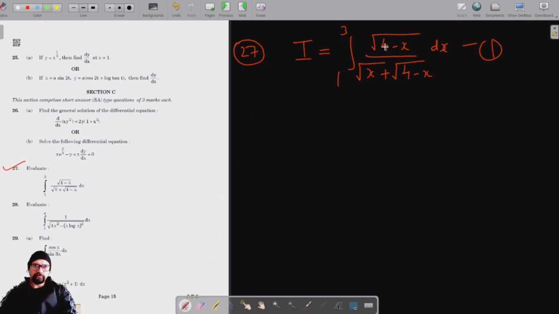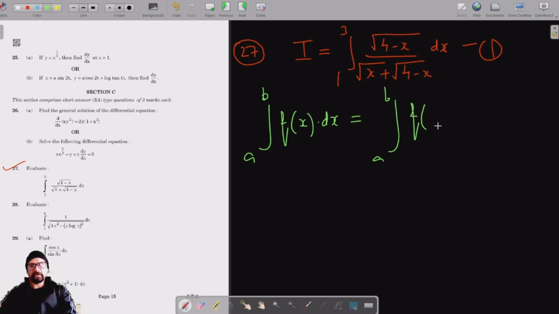1 plus 3 is 4, so we are going to use the property here that the integral from a to b of f of x into dx can be written as the integration from a to b of f of a plus b minus x into dx. If we use this property, instead of x we have to write a plus b minus x.